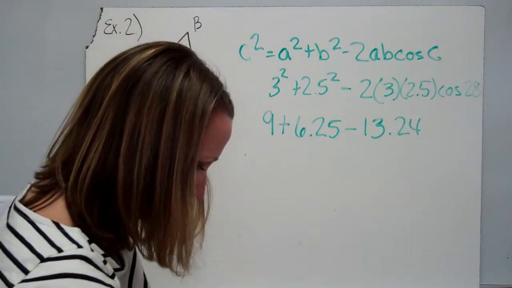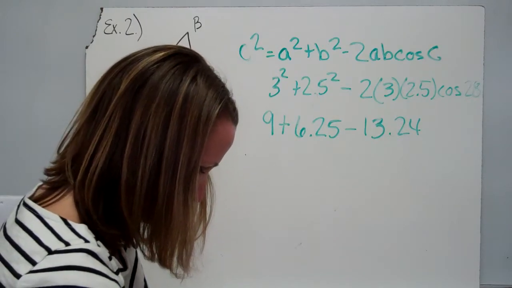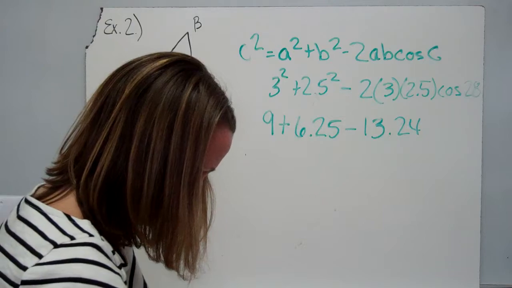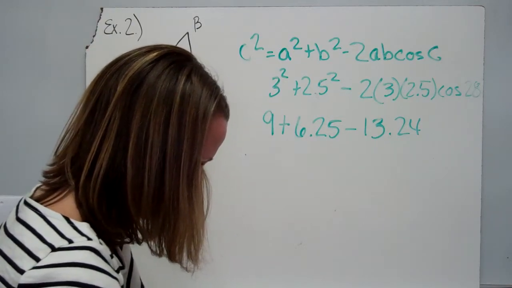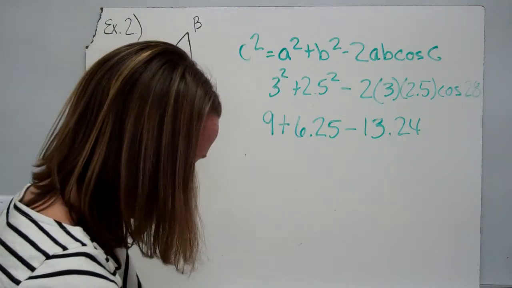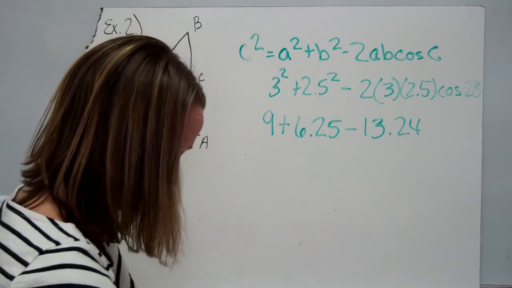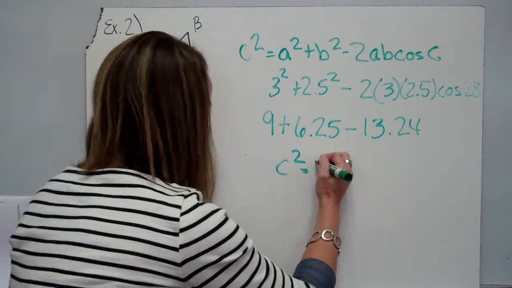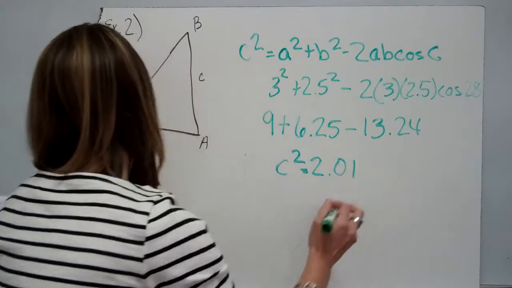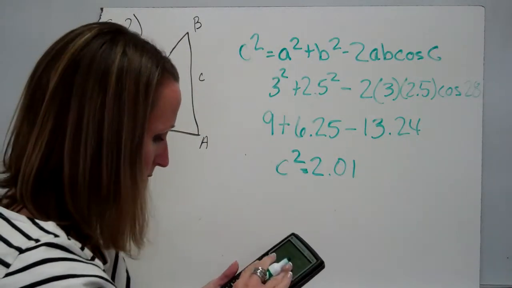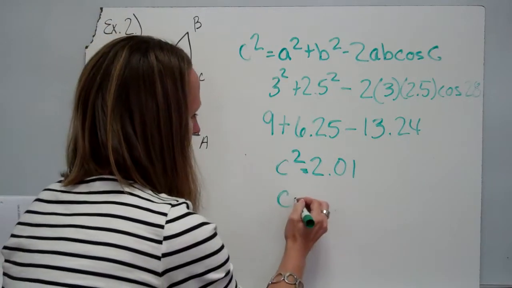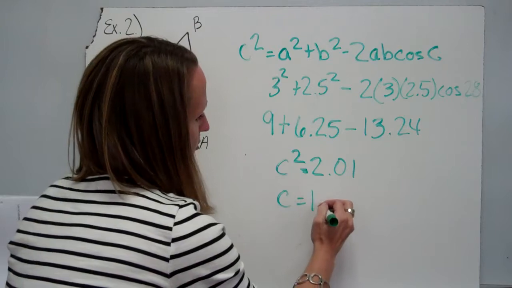So 9 plus 6.25 minus 13.24. So we find out that C squared equals 2.01. And when we take the square root of that, we find out that C equals 1.42.